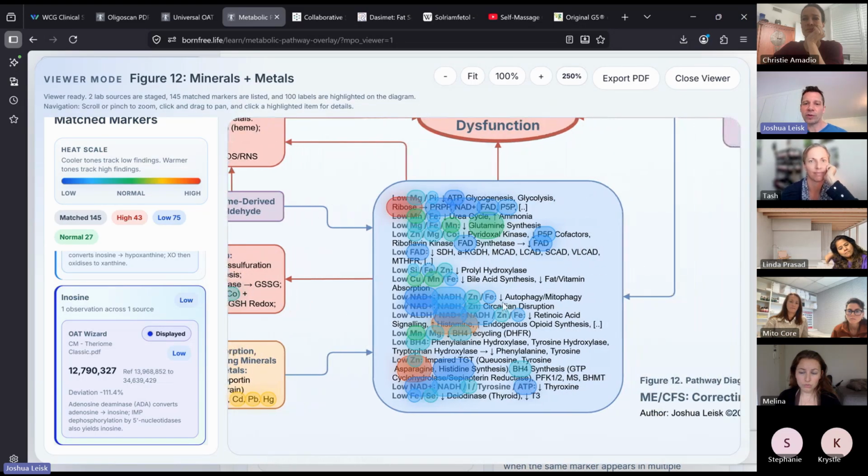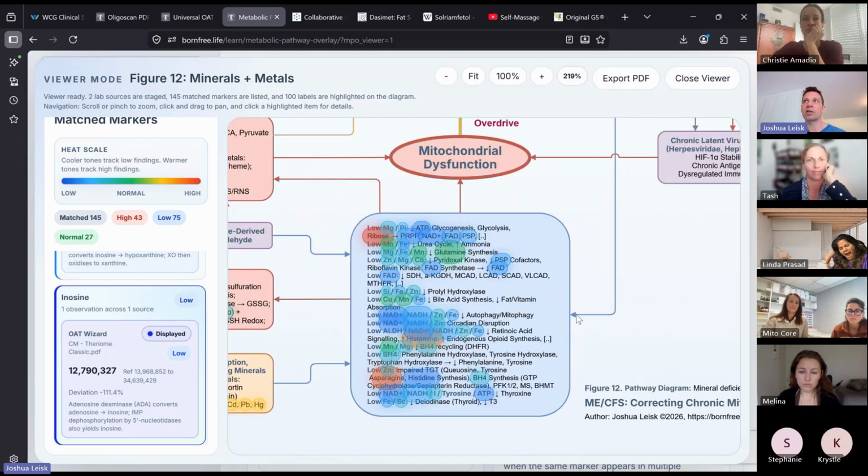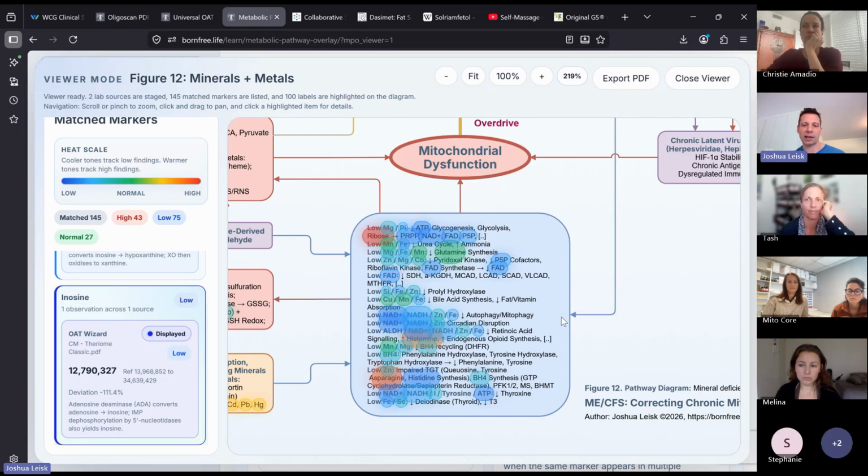So in the context of how these minerals are affecting the metabolism, it's important to understand that when we're looking at the proteome, essentially the way that the cells behave, we have the code. So we have the DNA, and then we have transcription, and then we have the proteome. And then we have ultimately not just the proteome, we have the metalloproteome.